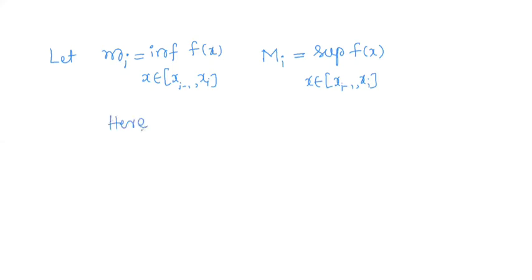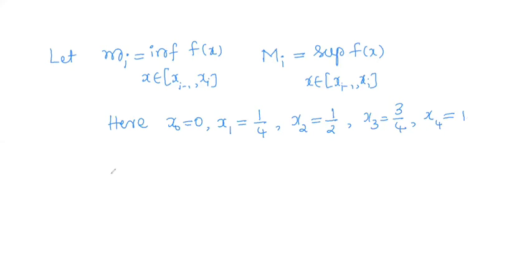So here, according to our taken partition, x naught is 0, x1 is 1 by 4, x2 is 1 by 2, x3 is 3 by 4, and x4 is 1. So these are the points of the partition.